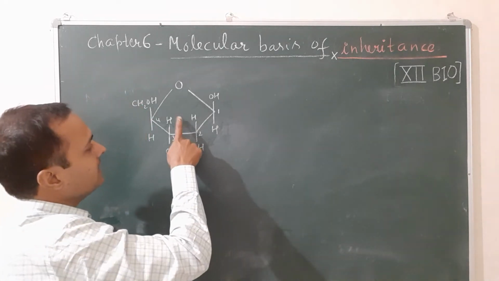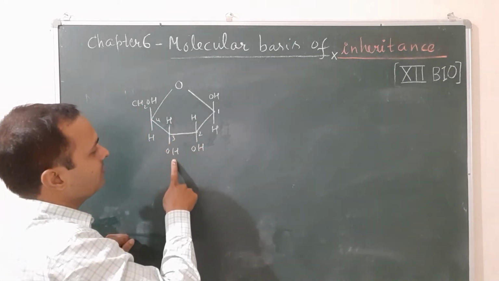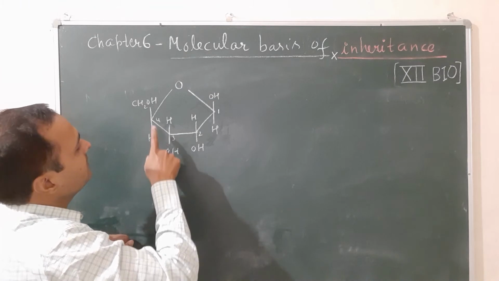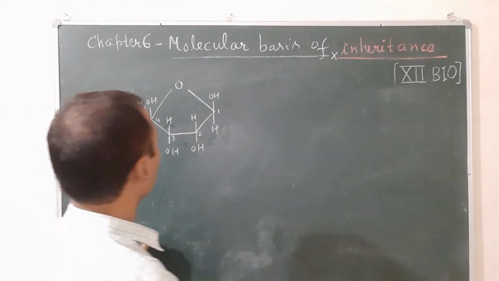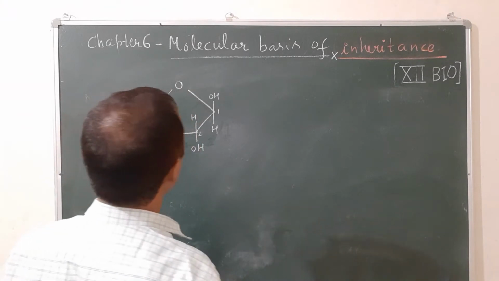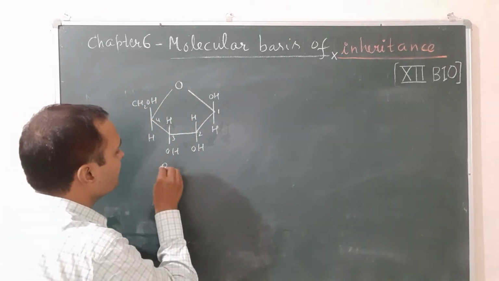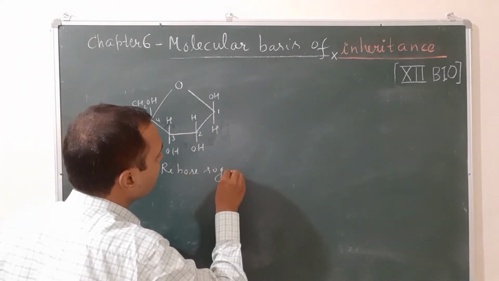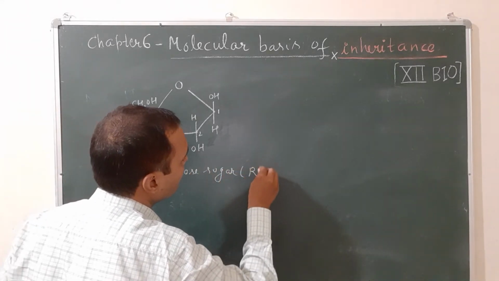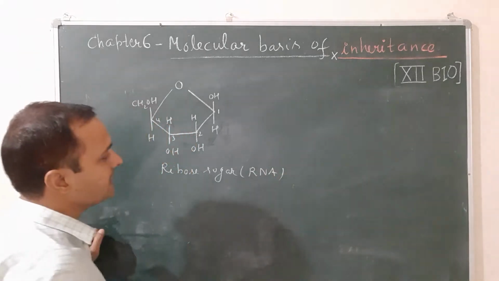Third one also H upside and OH down. But in the last one, the 5th carbon, H will be downside and CH2OH upside. This is the structure of ribose sugar. Ribose sugar is found in RNA, so the name is ribonucleic acid.